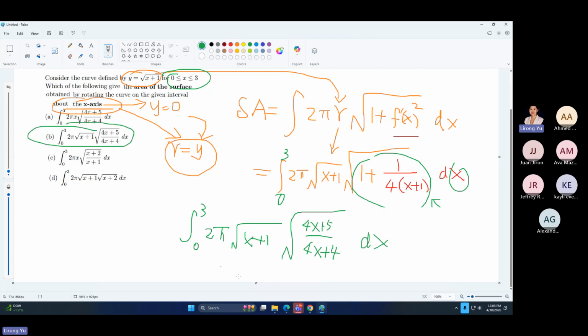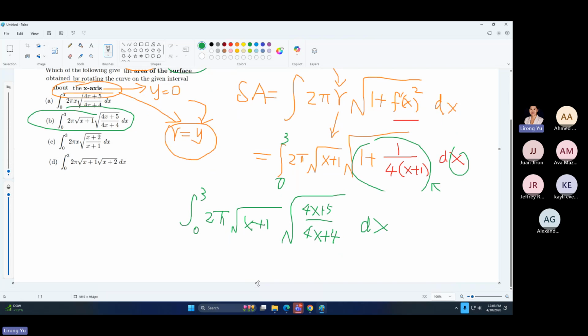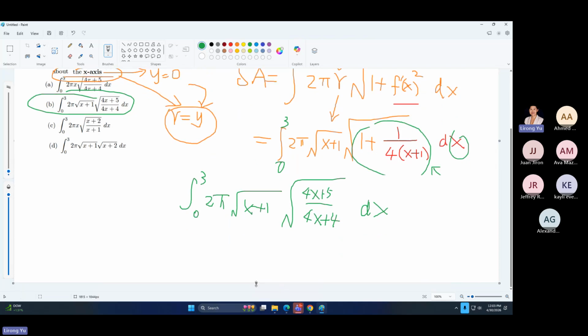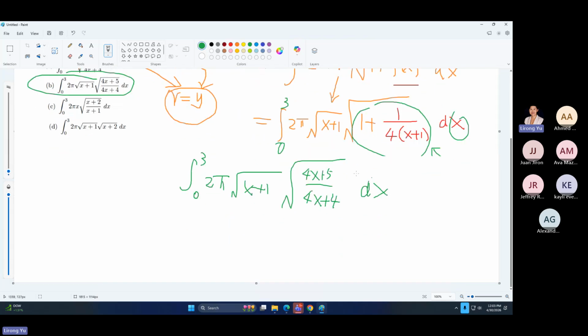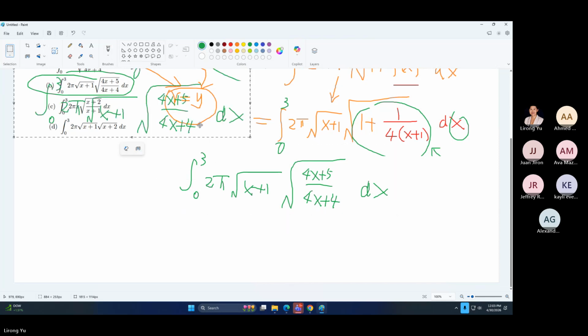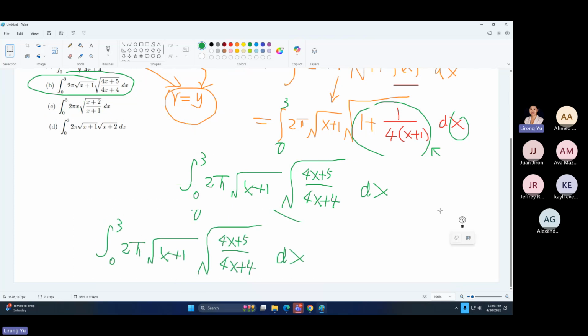Now this integration can be finished. The question just did not ask for the final calculation, but we should be able to finish it as we did in the section. So the calculation will start with the denominator. Copy this so we can work on it. This part of the denominator can be simplified. You can bring a 4 out of it.